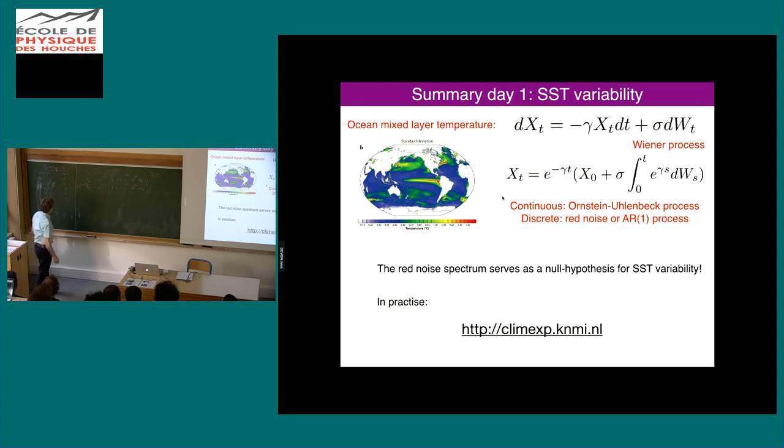Then when I look at this, I get x(t_{n+1}) minus e to the power minus gamma delta t times x(t_n), where delta t is t_{n+1} minus t_n.